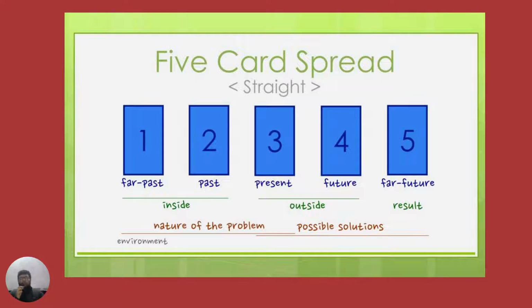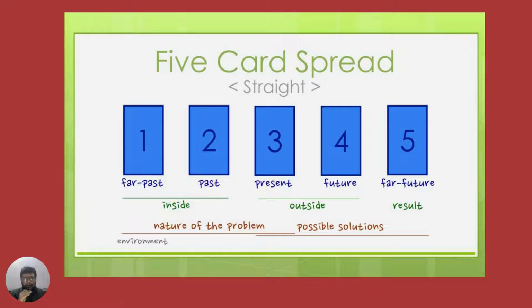Now we have the five card spread. It is a bit complex, as the number of cards increases, the spread becomes more and more complex, because you have to interpret those cards in a very fixed fashion.